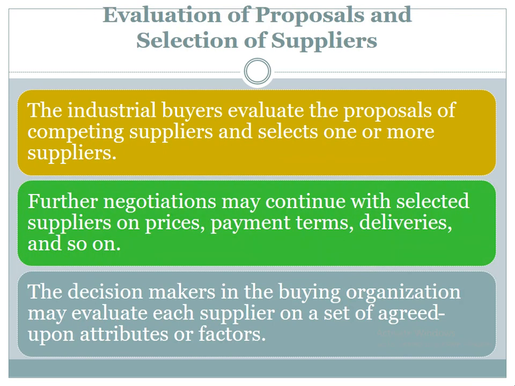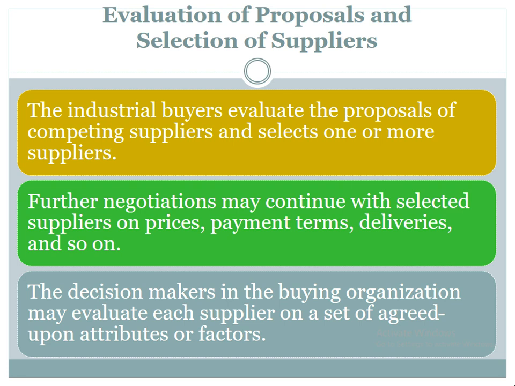Sixth stage is evaluation of the proposals and selection of the suppliers. The industrial buyers evaluate the proposals of competing suppliers and select one or more suppliers. Further negotiations may continue with the selected suppliers on prices, payment terms, deliveries, and so on.